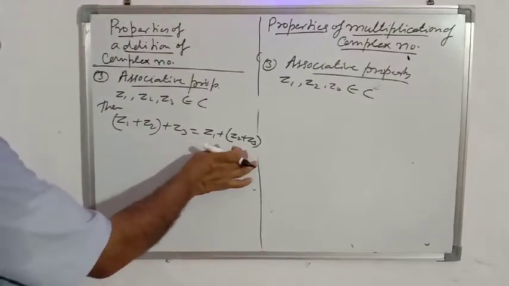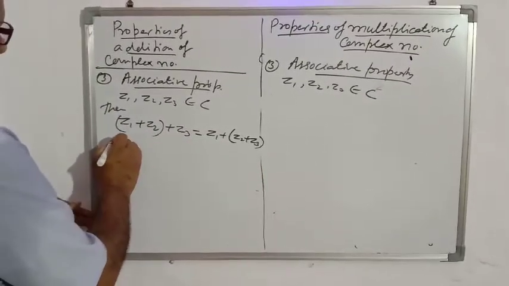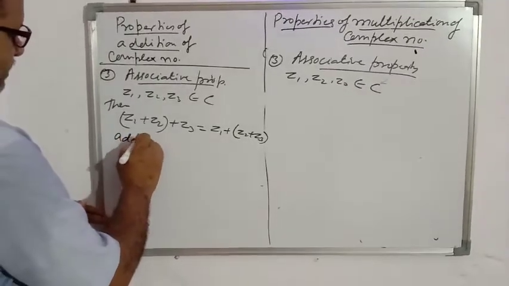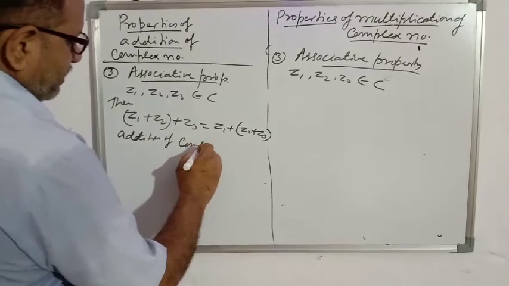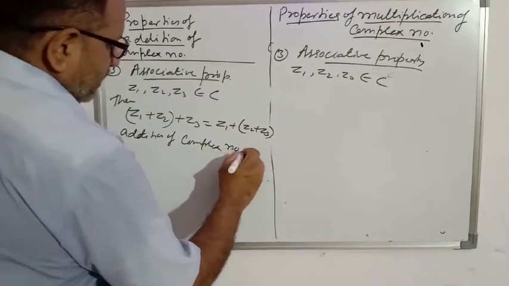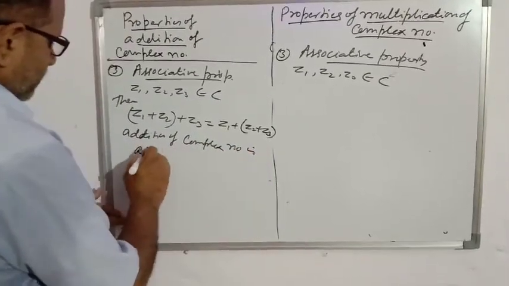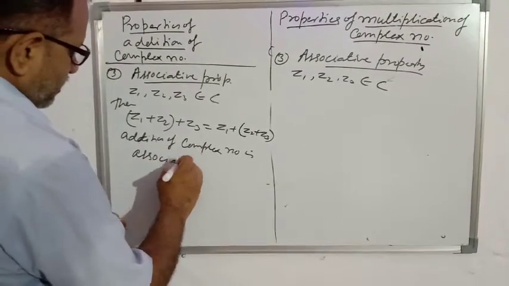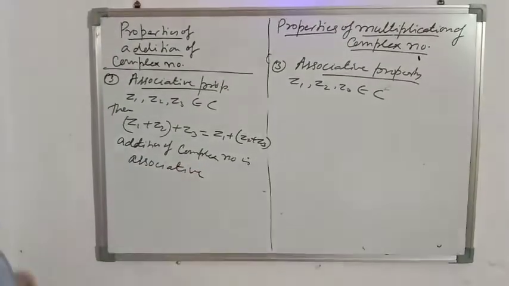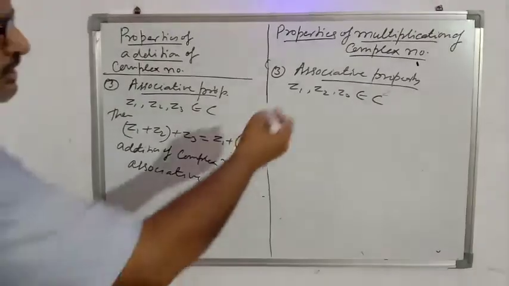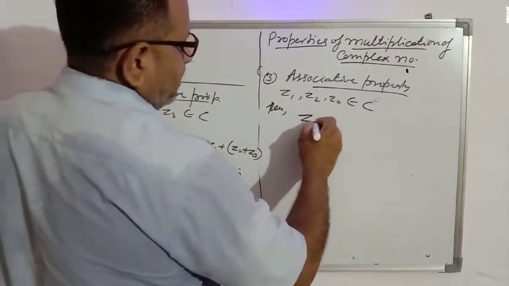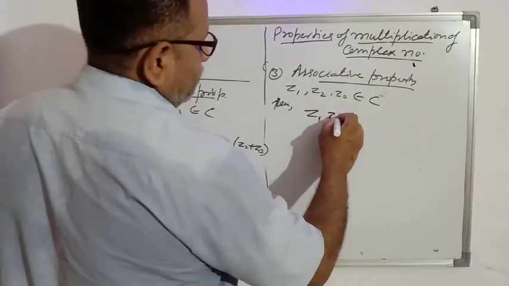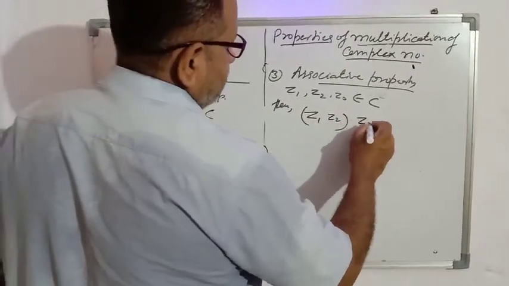Result remains the same. So we can say that addition of complex numbers is associative. Similarly here, multiplication: firstly multiply Z1 into Z2, then Z3.